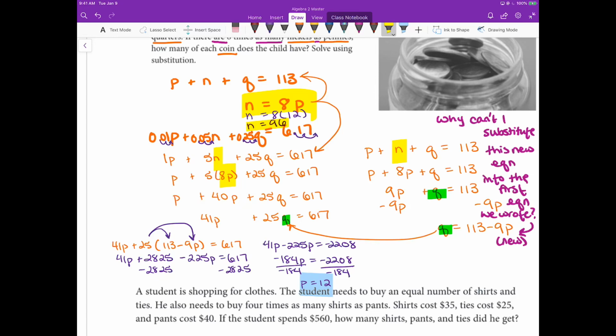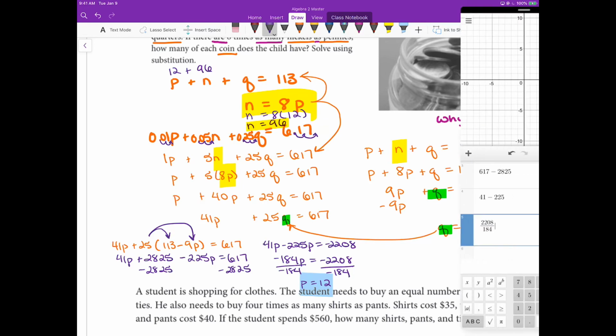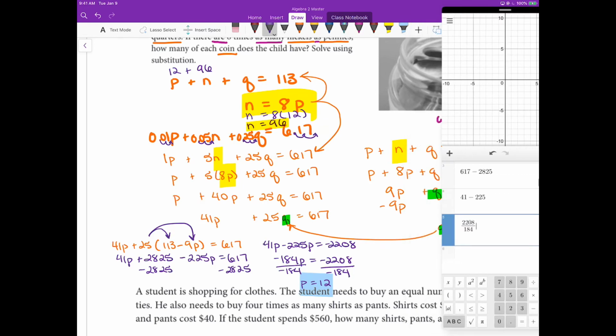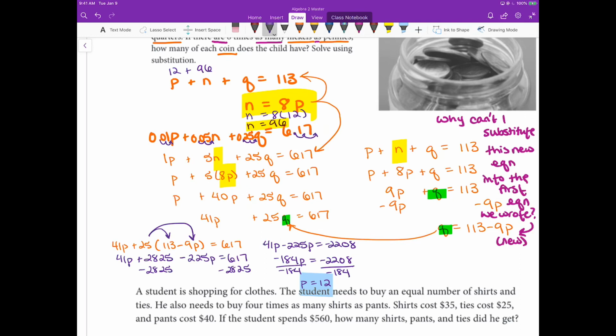So we can do 12 plus 96, and that is 108. So 108 plus q equals 113. And so the quarters are 113 minus 108, so 5. Right, there are 5 quarters.